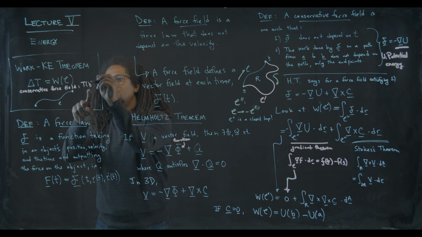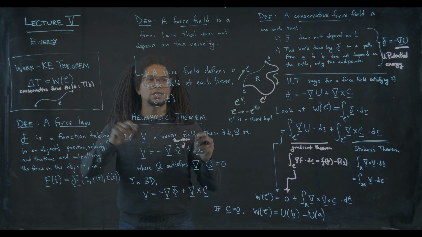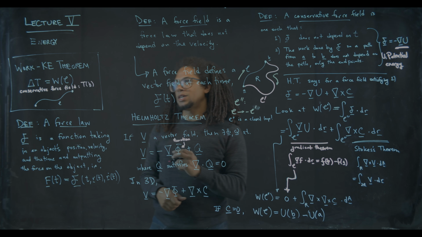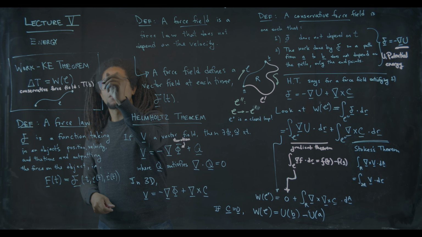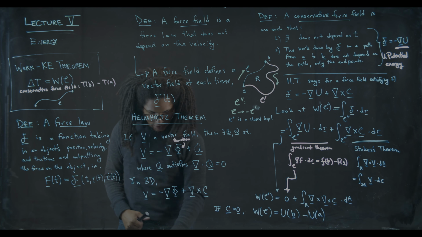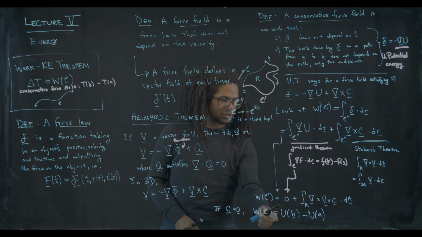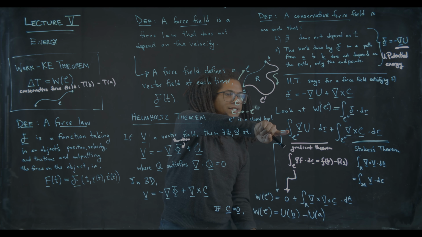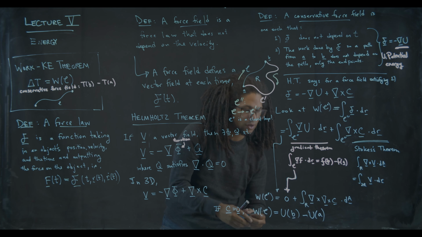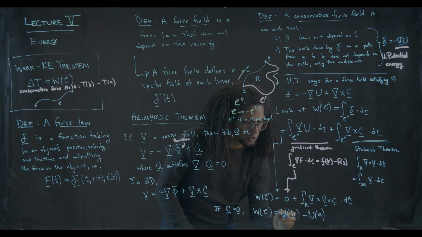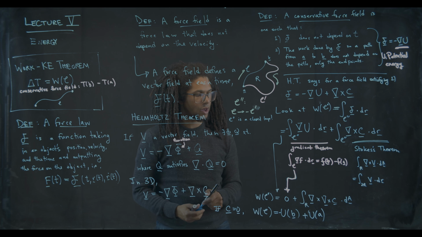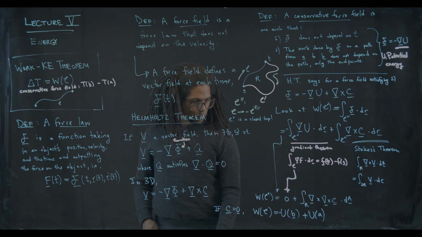I'll say T of B, but really this needs to be interpreted as T at the time that we reach B. Hopefully it's clear. Minus T of A. And I'm realizing that I made a little sign error down here. Notice that this has a minus sign here. So this is actually minus U of B plus U of A.